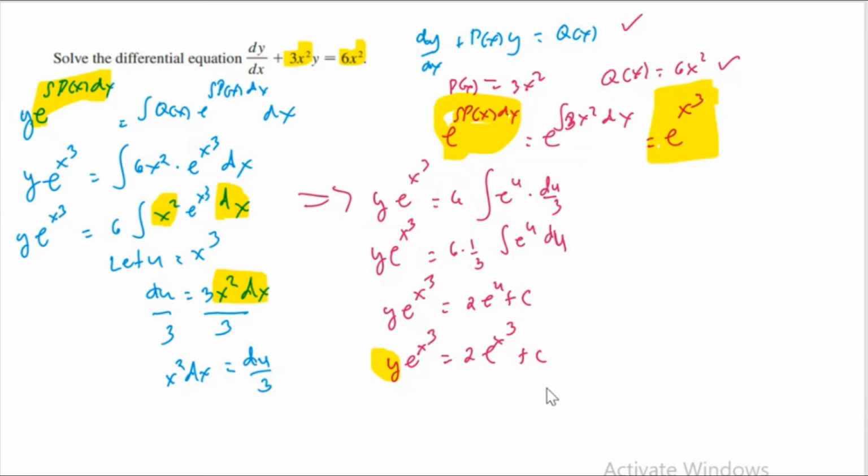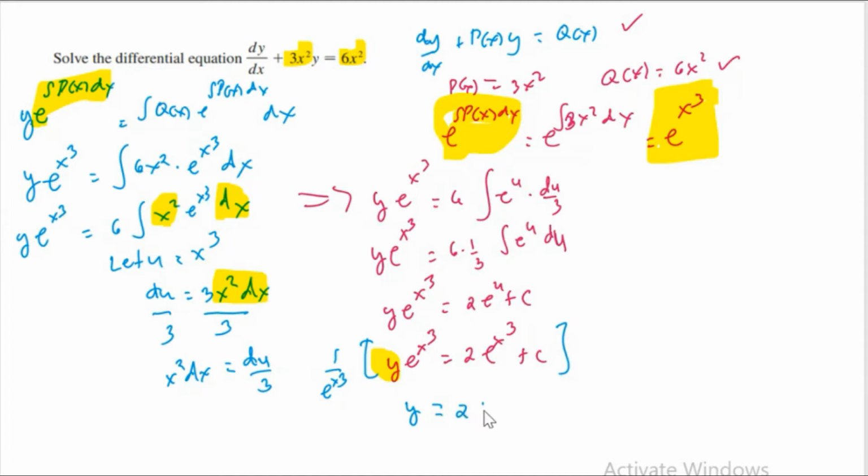So you can divide the entire equation by e raised to x cubed, or you can multiply by 1 over e raised to x cubed. So multiplying that one, we can now write the 1 over e raised to x cubed times this entire equation. So therefore, we can write now y is equal to e raised to x cubed divided by e raised to x cubed is 1.